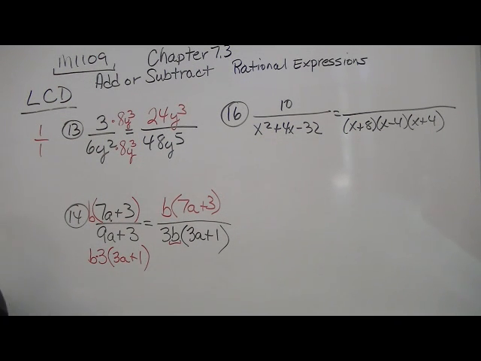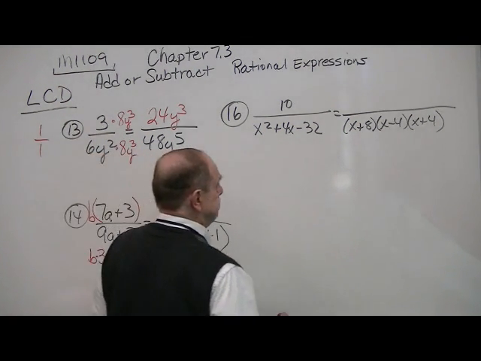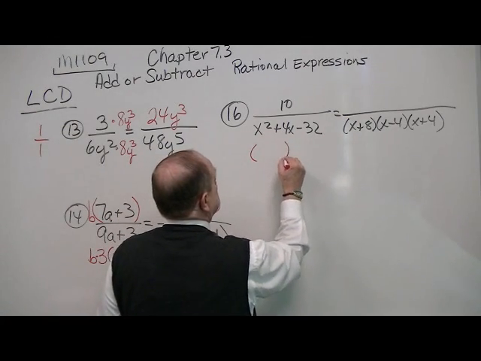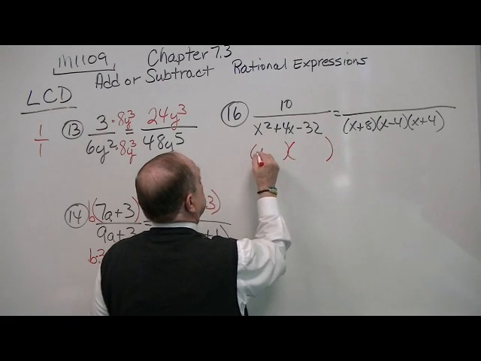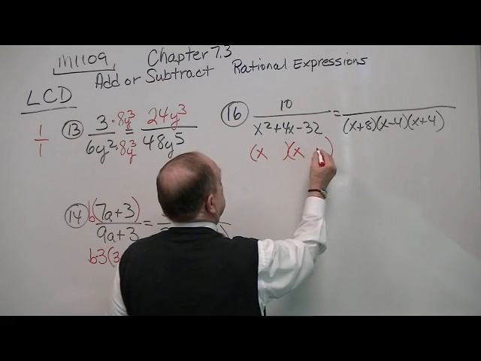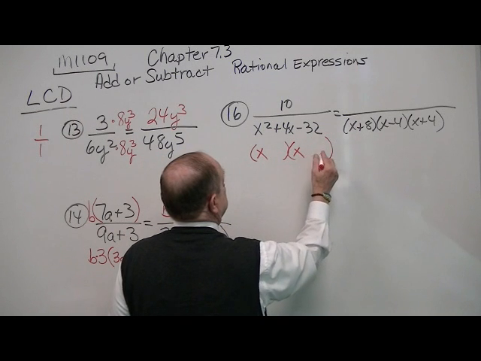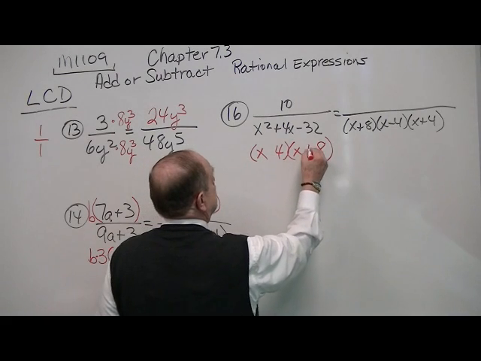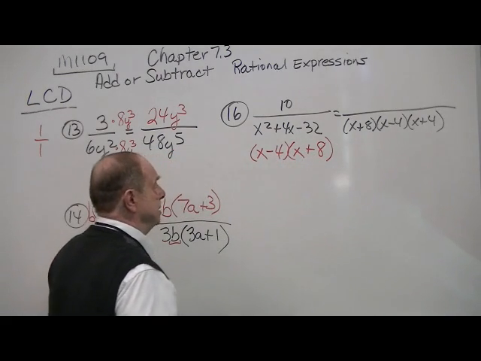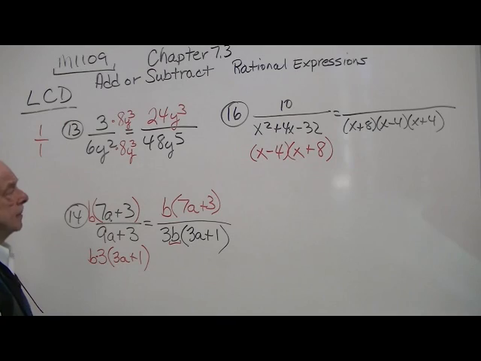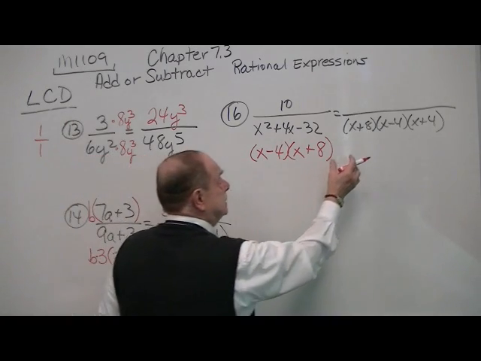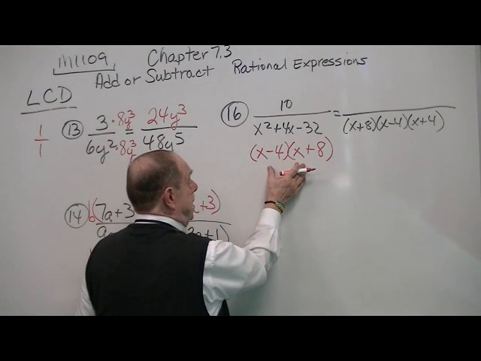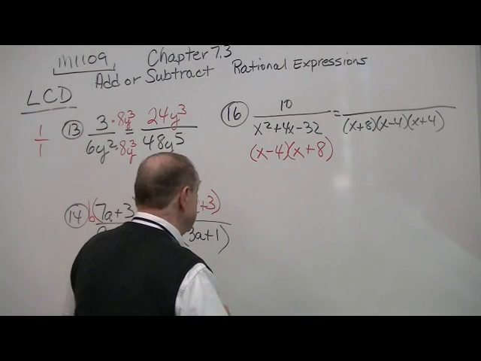All right, let's look at 16. Again, factor this. Let's see here. I think it's 8 and 4. This is going to be a plus, and that's going to be a minus. So again, what does this denominator have that this one doesn't have?